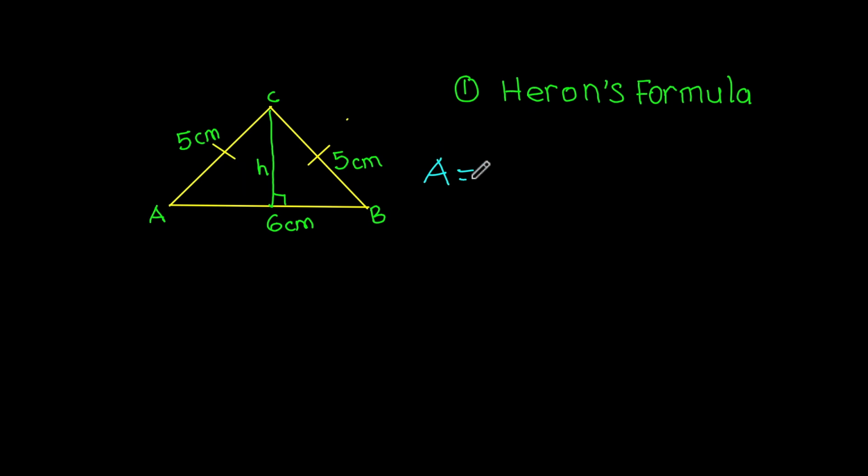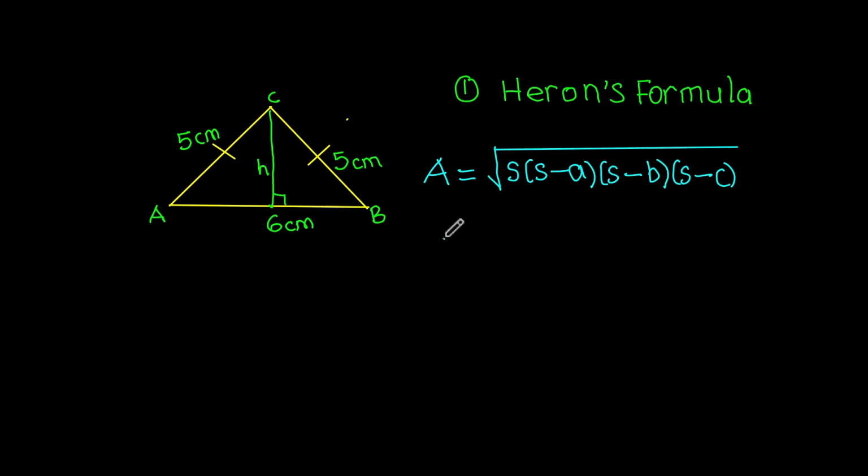We'll have area is given by the square root of s into s minus a. We multiply by s minus b, and we multiply by s minus c, where s is the semi-perimeter.